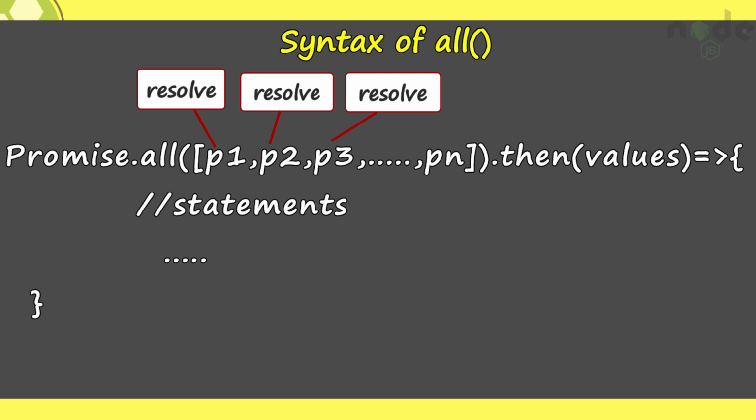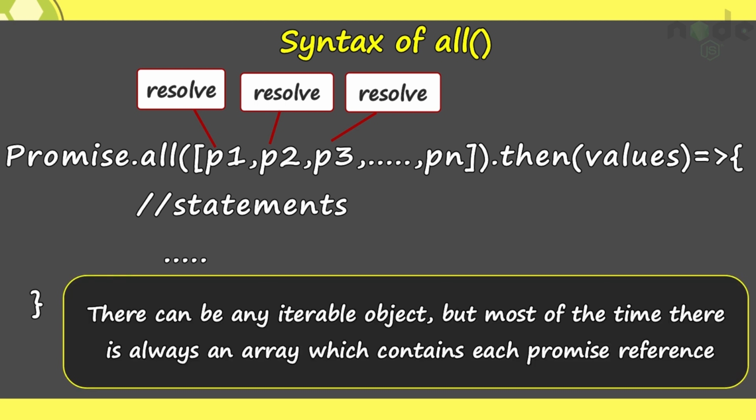There might be multiple promises passed to the iterable in the all method. Any iterable object works, but most of the time we see an array which contains each promise reference.